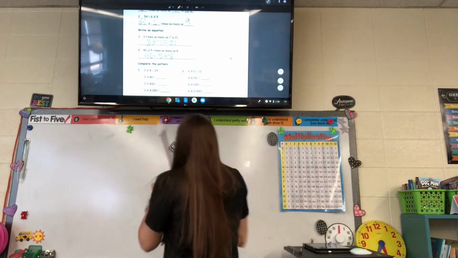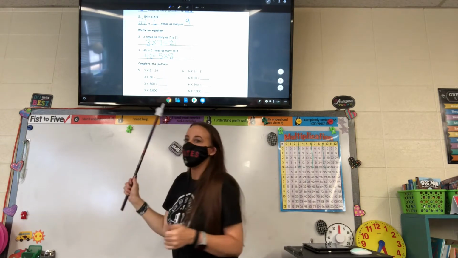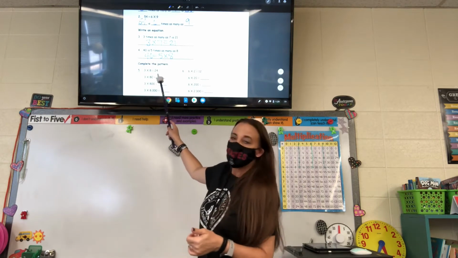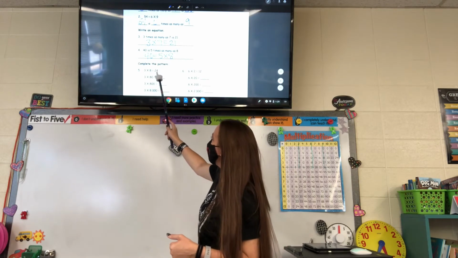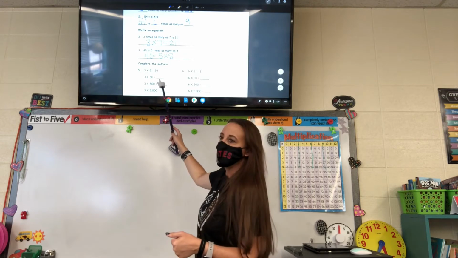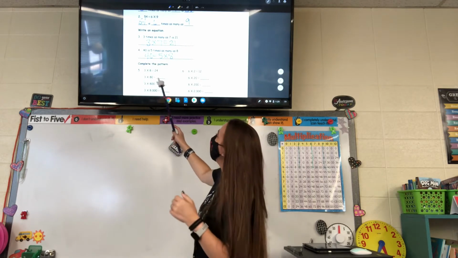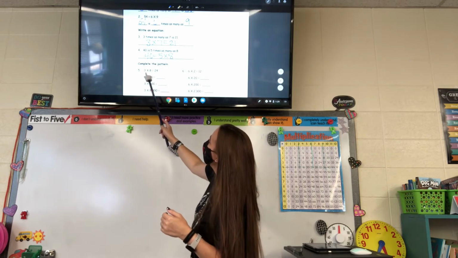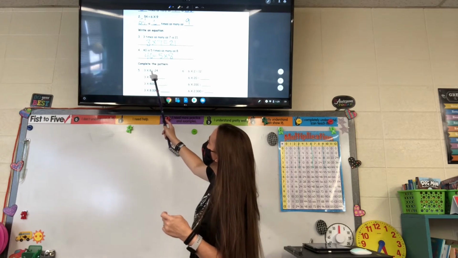Number 5 and 6, it says complete the pattern. So they've given you the basic fact. This is the basic fact. 3 times 8 is 24. If 3 times 8 is 24, 3 times 80 is 240, because the only difference between 3 times 8 and 3 times 80 is they've added a 0 to the back.